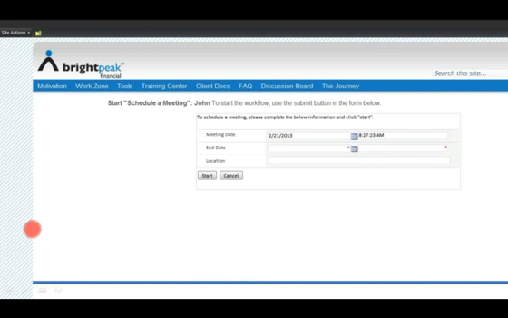As I mentioned numerous times here, the process is driven pretty substantially by workflows, and so the agents are trained to basically capture as much information as possible through the use of these workflows, so that BrightPeak can put key performance metrics together.